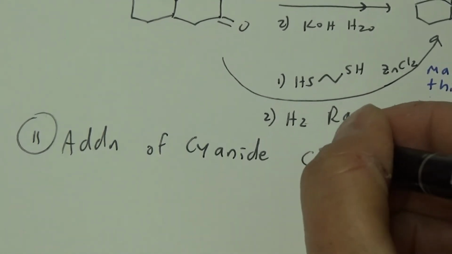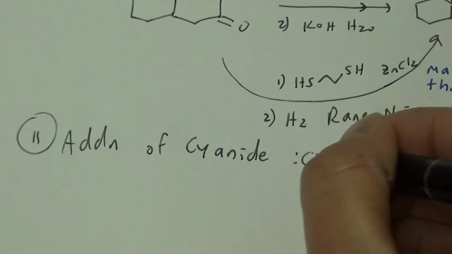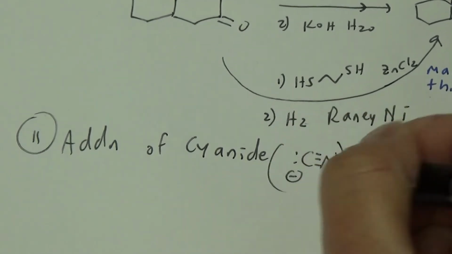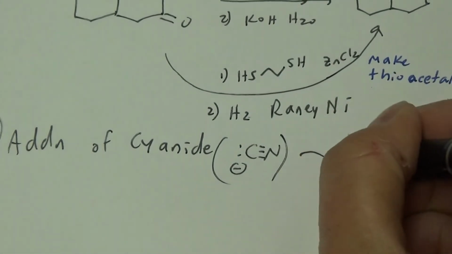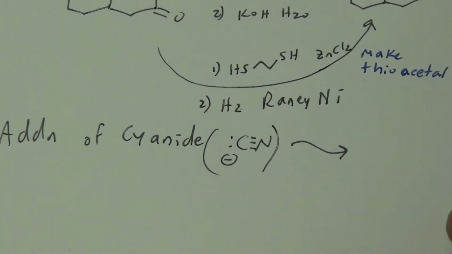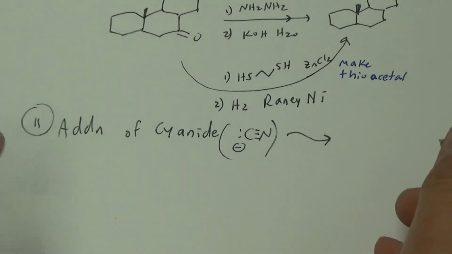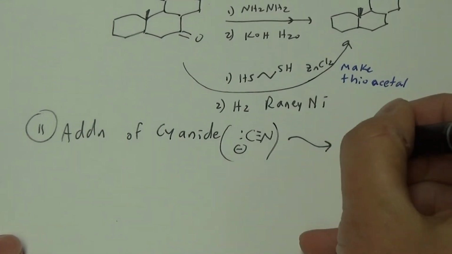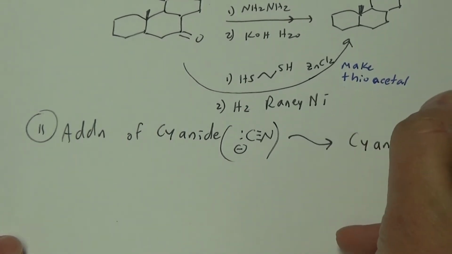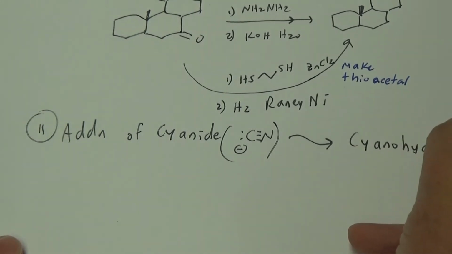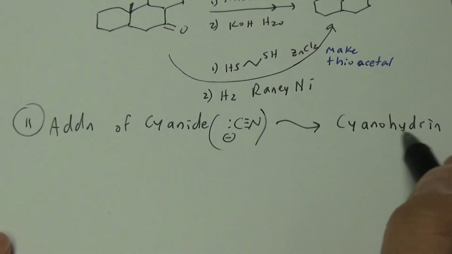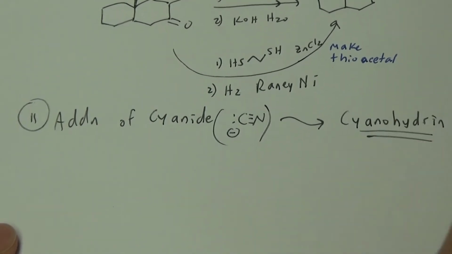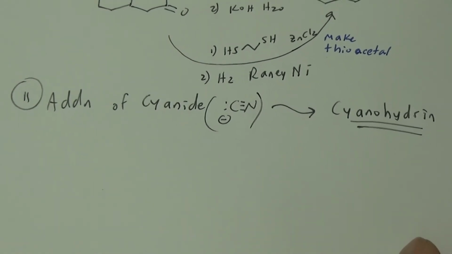CN minus cyanide, to ketones and aldehydes, and the thing you make with these reactions is called a cyanohydrin. You don't have to memorize names of things, but just keep that in the back of your mind. Cyanohydrin, and we'll see cyanohydrins later in the course also.